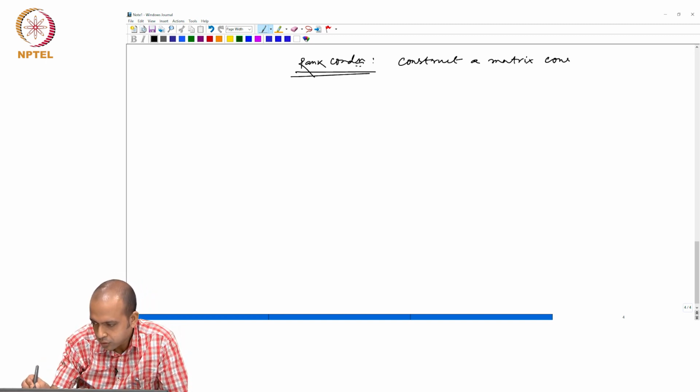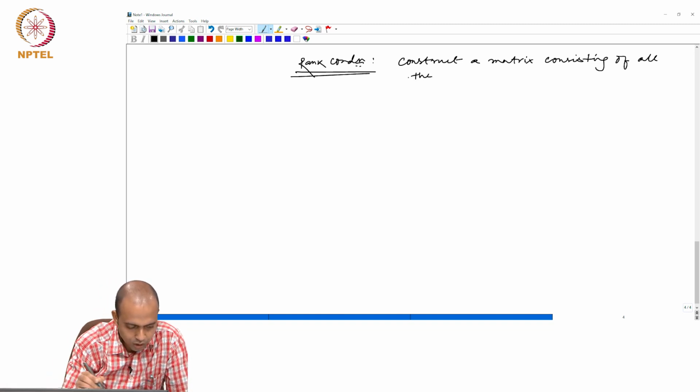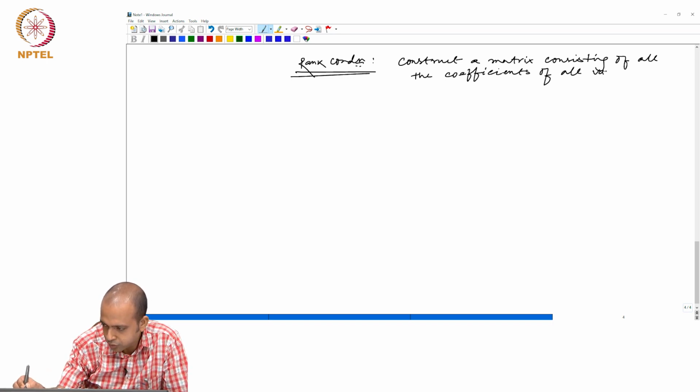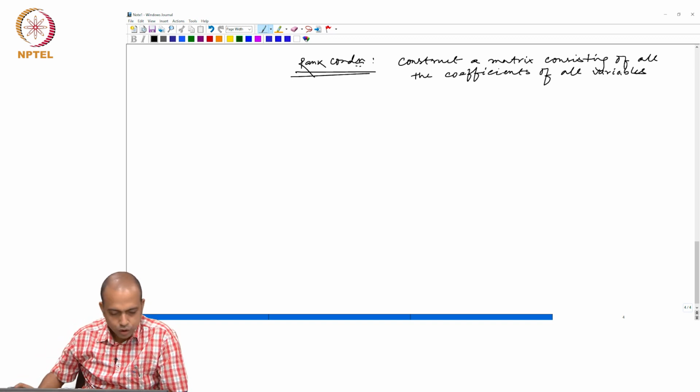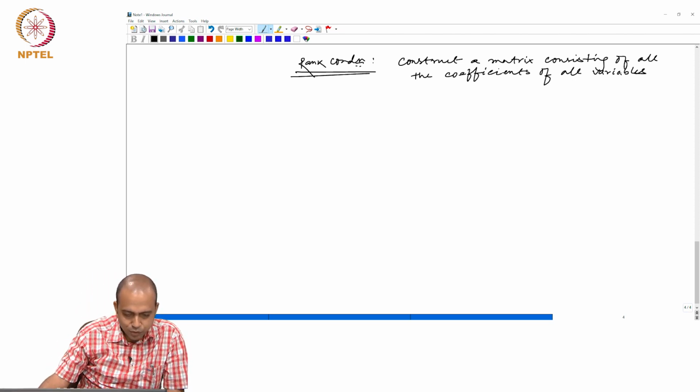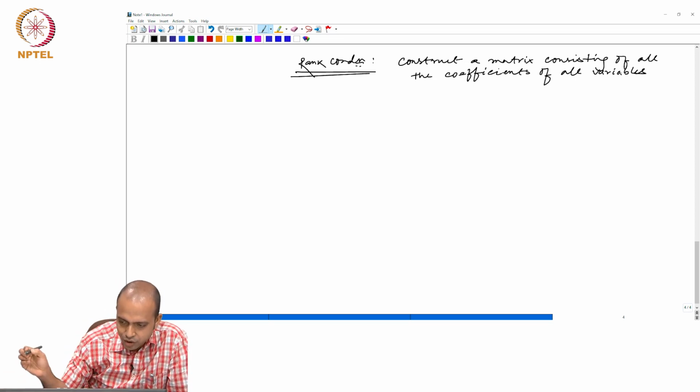Construct a matrix consisting of all the coefficients of all variables. So, if you think about the first equation, first I will write all the variables.